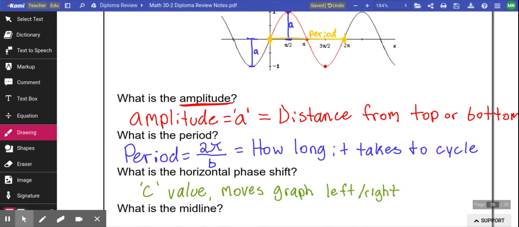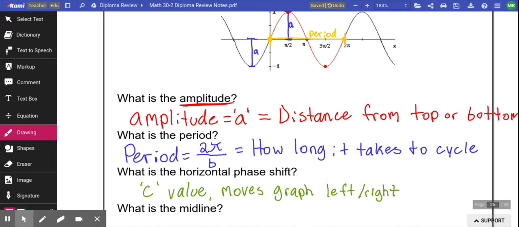You'll never have to calculate it. The worst thing that would ever happen is they give you a question, and then they want you to move the graph left or right. And they'd say, what value needs to change? Your C value would need to change to move a graph left or right. I highly doubt you ever get a question on it.